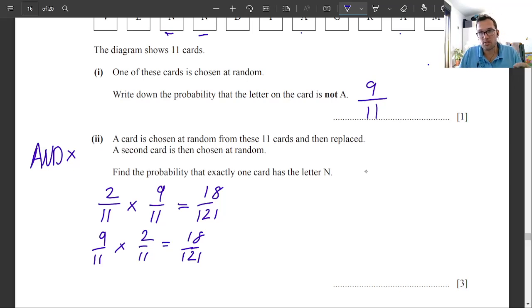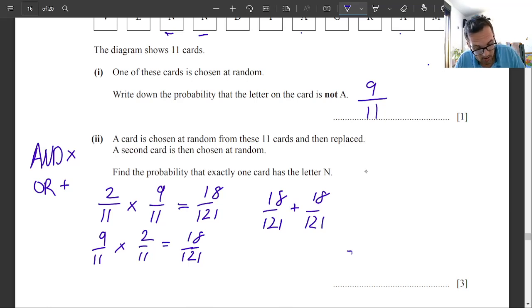Either we pick first the N or we pick second the N. The OR rule means we add. So it means we're going to add 18 over 121. Add these two probabilities together or just multiply it by 2, whichever you prefer. Either way, in the end, it will give us 36 over 121. Okay, if you want to simplify it, if you can, you can, but that's good enough.